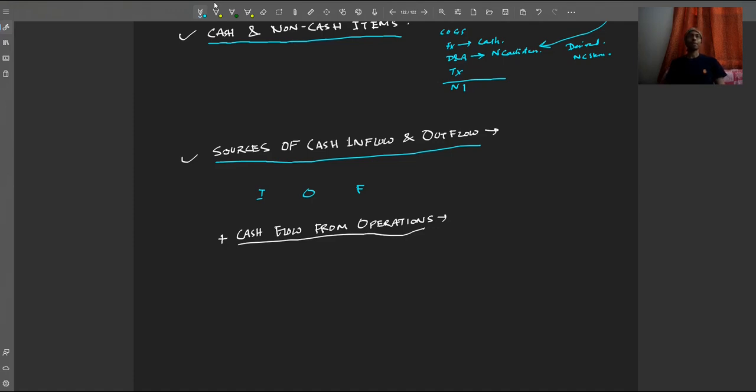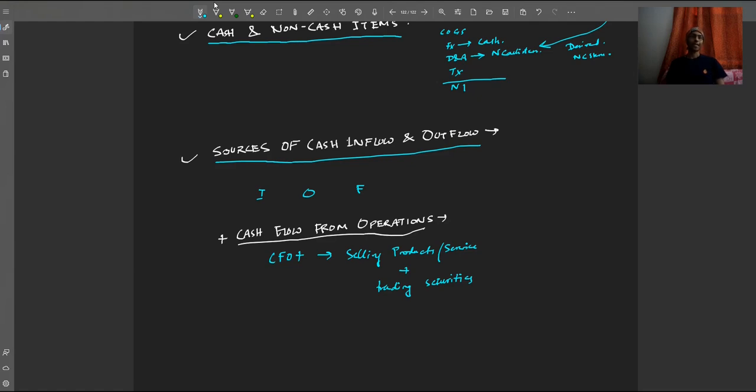Let's take a few examples of cash inflow from operations. What can they be, friends? Cash inflow from operations is basically proceeds from selling the main products or services plus trading securities. These are basically sources of cash inflow from operations.